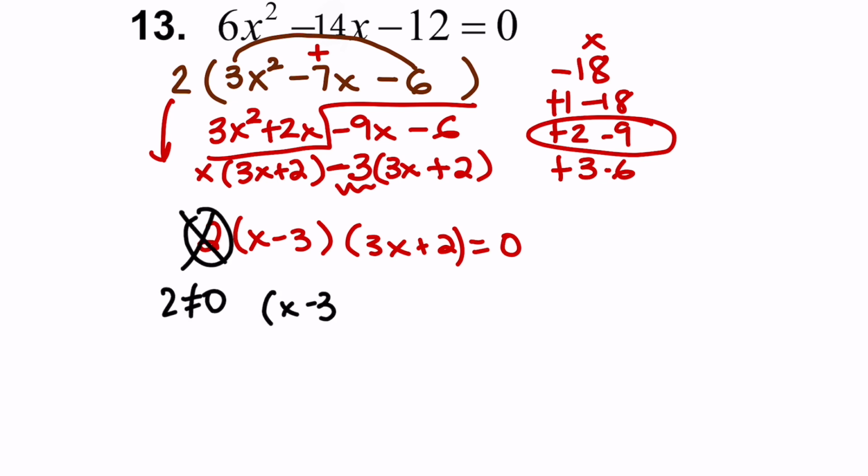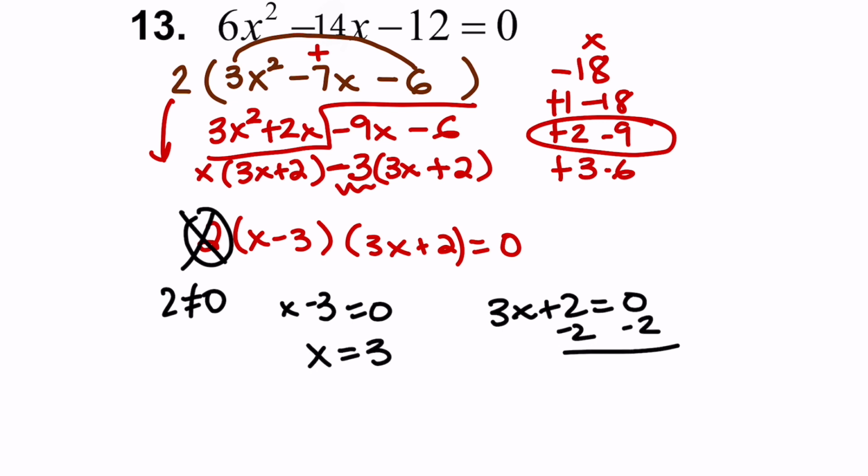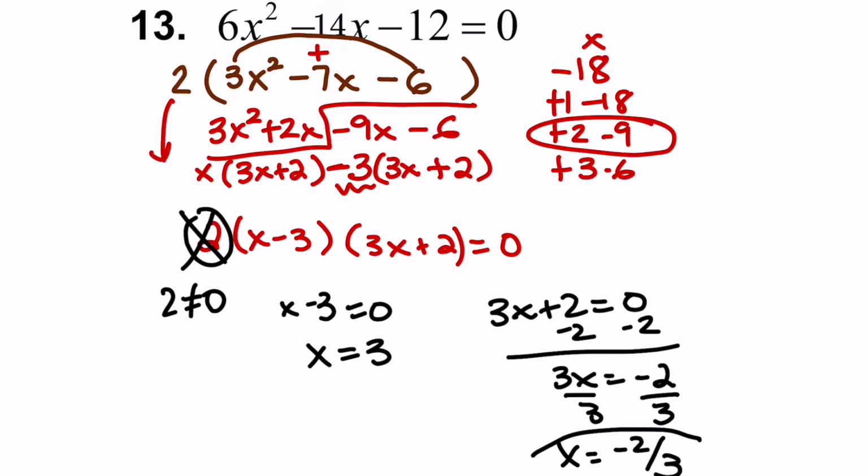We have x minus 3 equals 0, and 3x plus 2 equals 0. If I add 3 to both sides, I know that x equals 3. Minus 2 from both sides, 3x equals negative 2, divide by 3, and x equals negative 2/3. So our two answers are going to be negative 2/3 and 3.